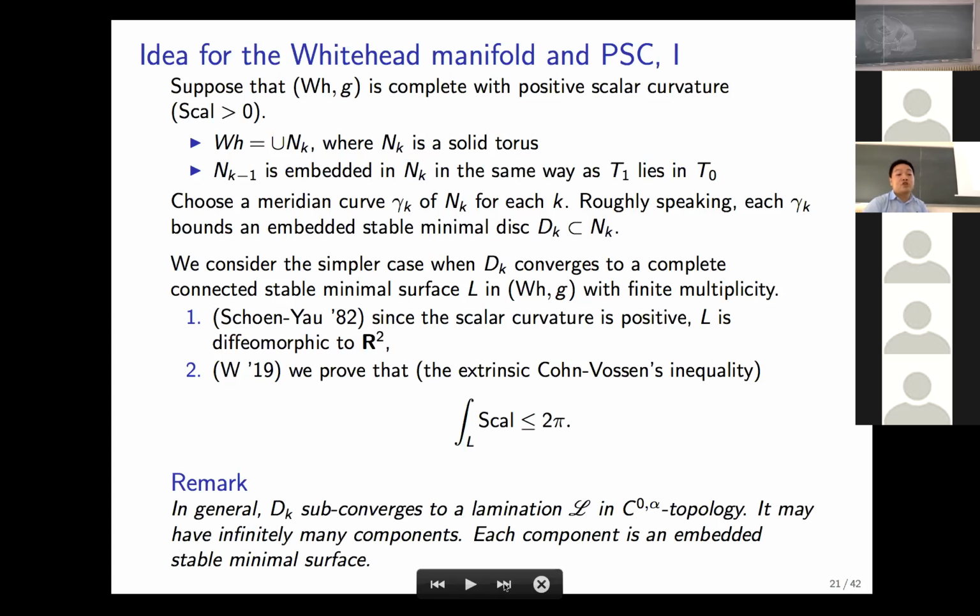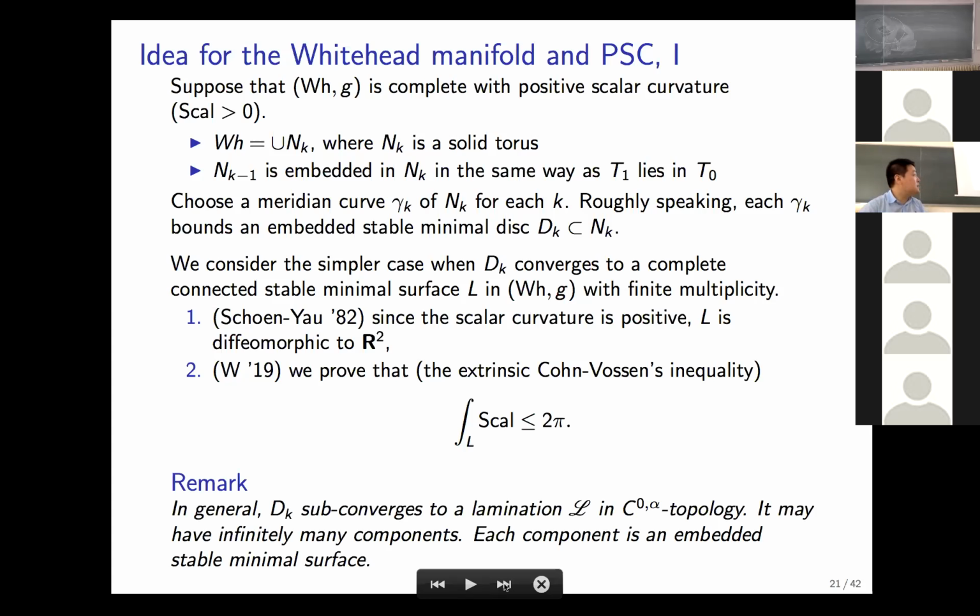Okay, in general, the D_k subconverge to a lamination in the C^{0,alpha} topology. The lamination is a closed set in the Wang manifold. It is a disjoint union of embedded surfaces, and it may have infinitely many components.